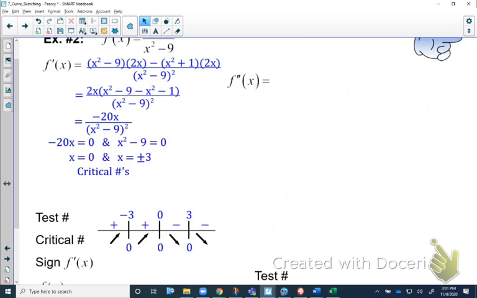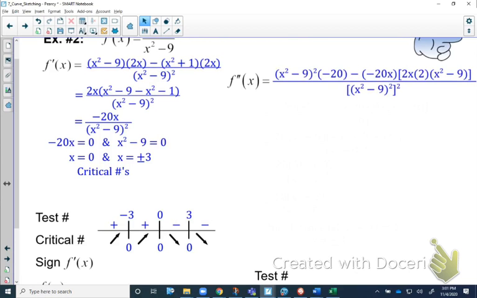Now to do the second derivative is going to get a little wonky here, because we're taking the derivative of the first derivative, so I do have to use the quotient rule again.